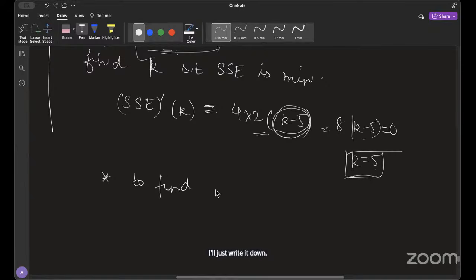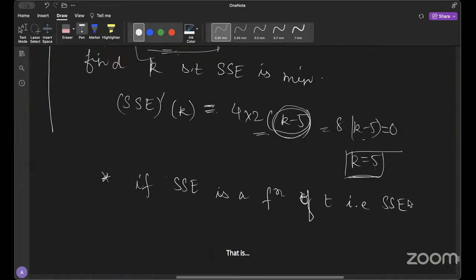To find the minimum of, or k such that, if your SSE is a function of t, that is this thing, right?